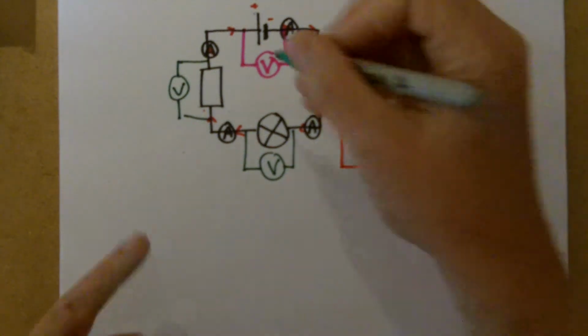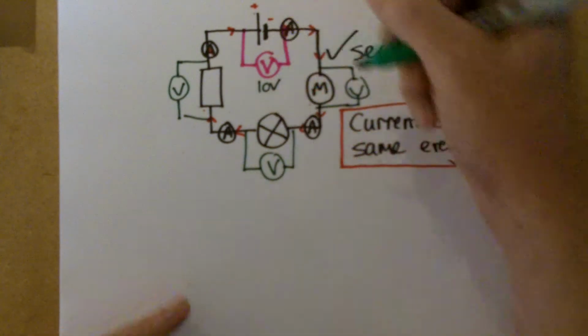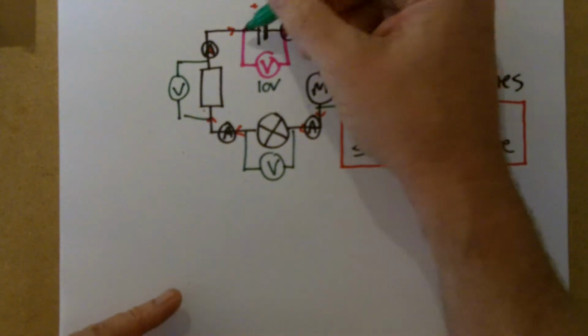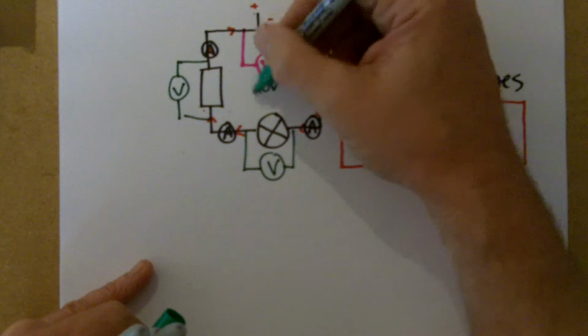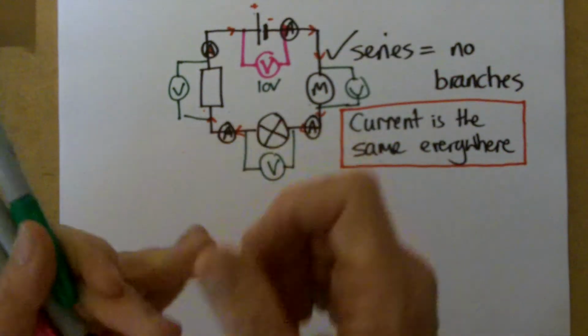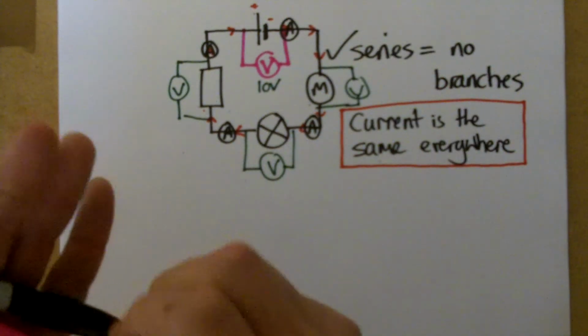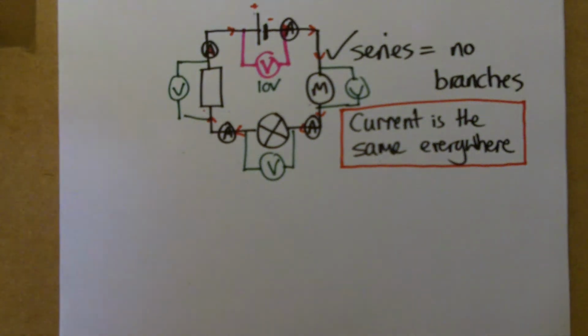So if I've got 10 volts potential difference across my power supply, that means effectively I'm putting in this amount of energy, and so the total potential difference around the circuit will add up to 10.